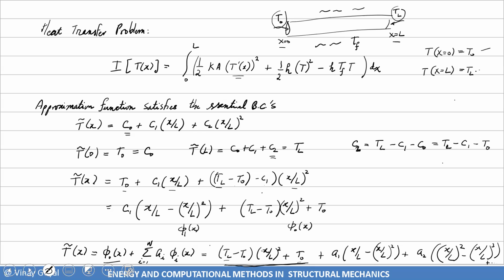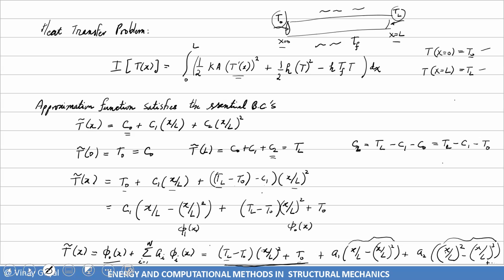So this works out also. You can see that the purpose of phi naught was to take care of the inhomogeneous boundary conditions. And then the rest of it needs to satisfy the homogeneous form of the boundary conditions. What that means is that at x equals 0, phi has to be 0 because T was specified.